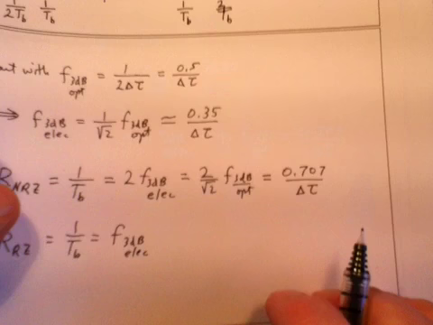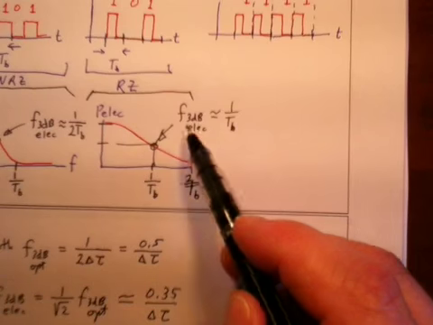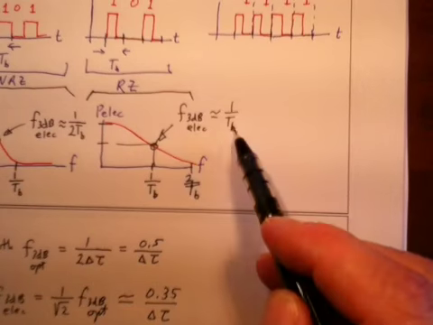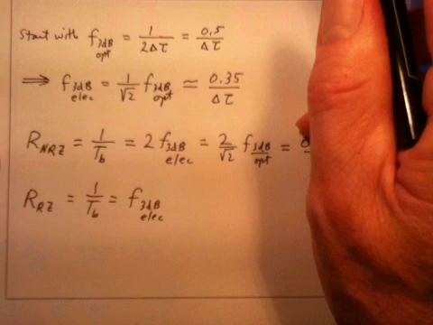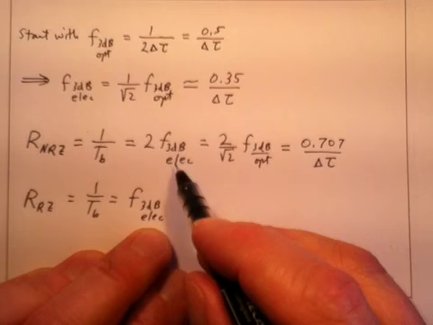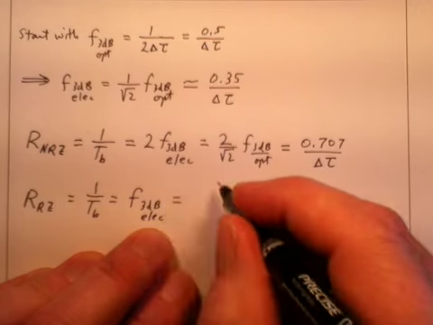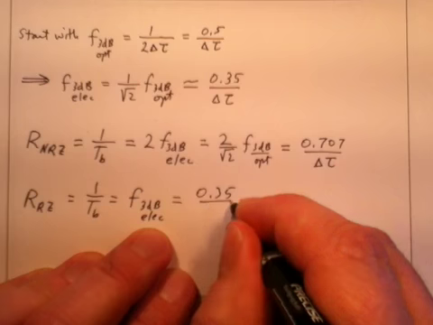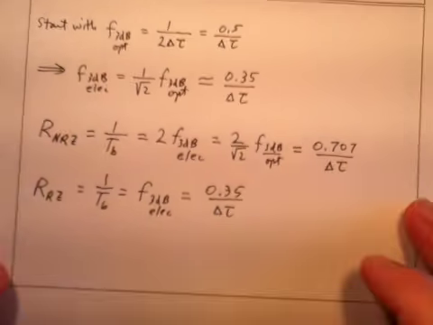Again, we go back to look at the RZ plot, and 1 over T_B is equal to the 3 dB electrical bandwidth. And so it's just half of the value in the above equation. So this is 0.35 over delta tau. I'm finally rounding out the equations given in chapter 3 on this topic.